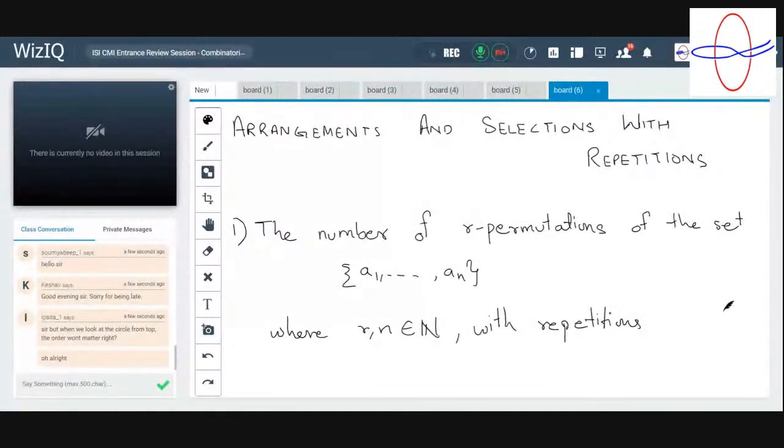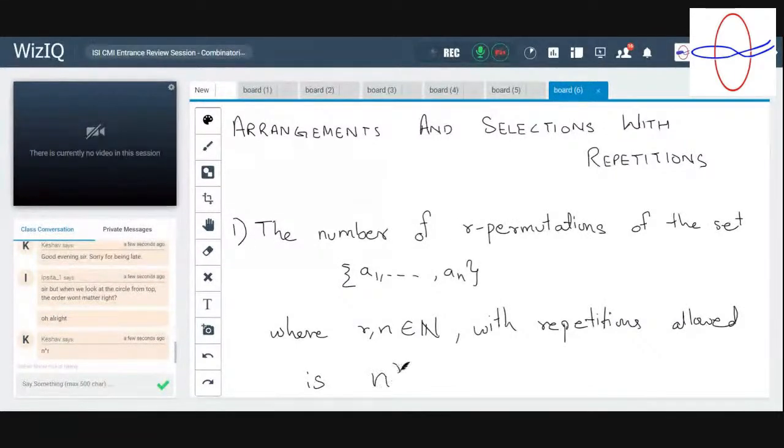So here repetition obviously means I'm allowed to pick the same object twice. Come on, you should know this. It is n to the power r. Yes. So easy.